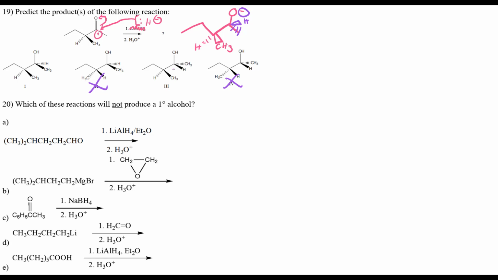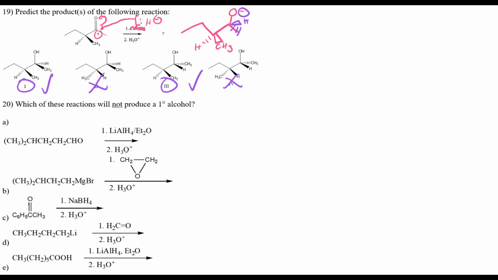So the product is kind of like an equal mixture of 1 and 3. So this is correct, and that is correct as well, okay? So there is some stereochemistry whenever you do sodium borohydride or lithium aluminum hydride. The hydrogen that you add, depending on the carbon, can actually choose the top route or the bottom route. It has an equal potential of doing both, okay?